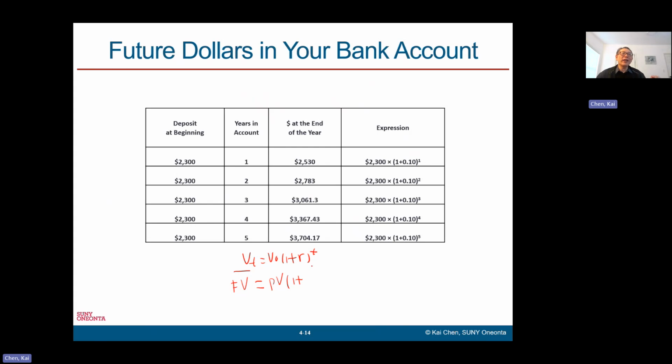However, in finance, we have a different name for this R. Usually in finance, we call this R the rate of return, or simply return. And T is the period, the number of periods that you're going to hold your investment. And we call this the future value formula.